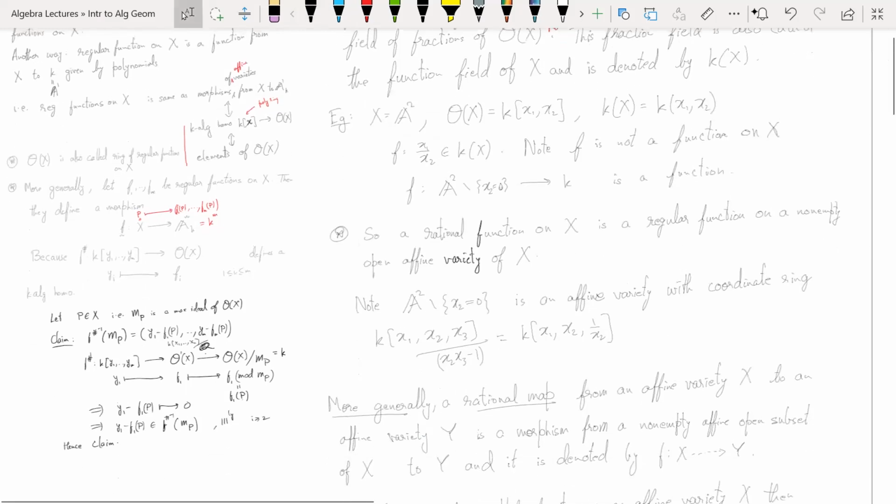For instance, in this example, if you look at A2 minus x2 equals 0, then this is an affine variety.